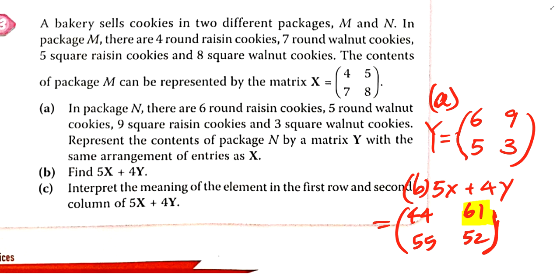So without me writing, 61 represents the total number of square raisins sold in 5 M packages and 4 N packages. Okay? So this is what I mean when I say it must be very clear. All the information is given already. So at the start, somebody said square raisins. Hey, come on, that's not even the full sentence. Okay, you need to be very detailed.